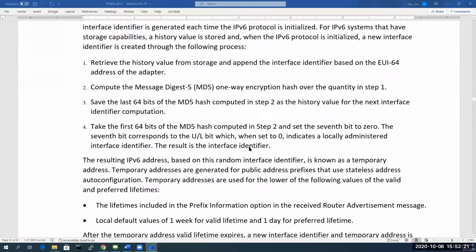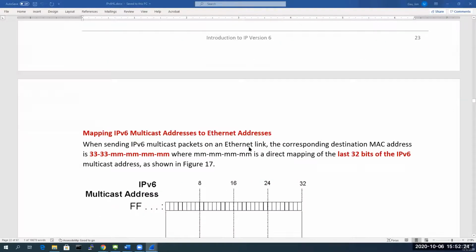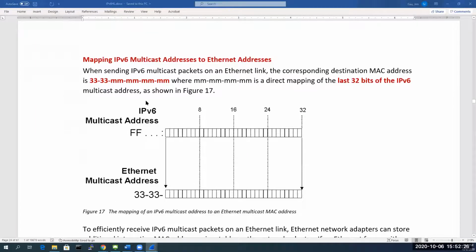Okay, so this is EUI-64. Now the mapping of this, we already discussed that. I'd rather show you the real thing and then discuss this. So you can see the 3333 here. This is the MAC address in the layer 2 multicast. It's 48-bit, and this is 32-bit here.